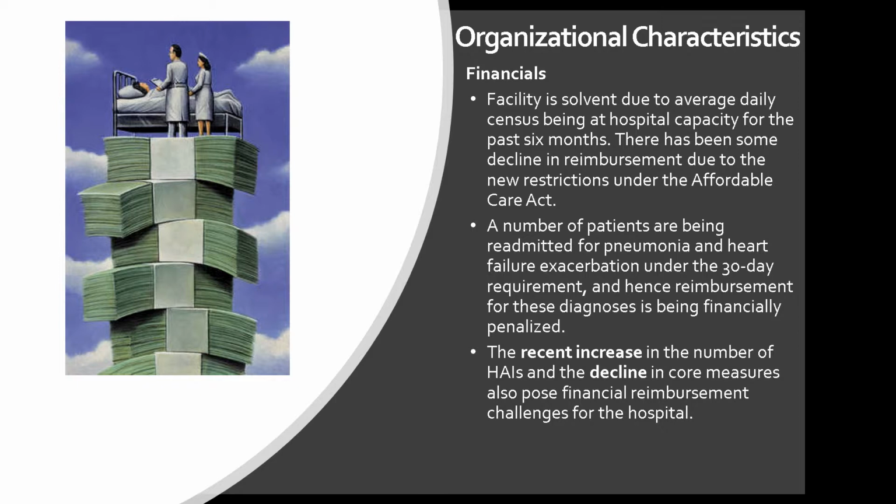HAIs you can find through CDC, the NHSN, and then those that affect value-based purchasing or the hospital-acquired condition program, because we want to reduce hospital-acquired conditions. HAIs fall into two programs: value-based purchasing and hospital-acquired conditions.